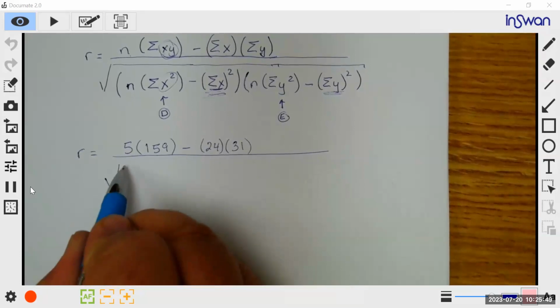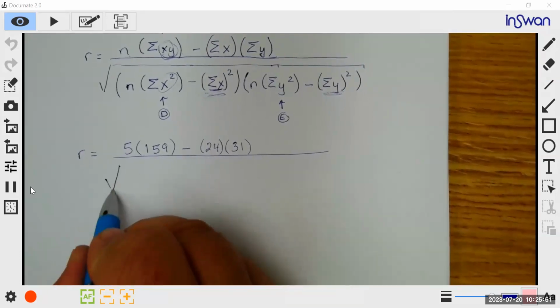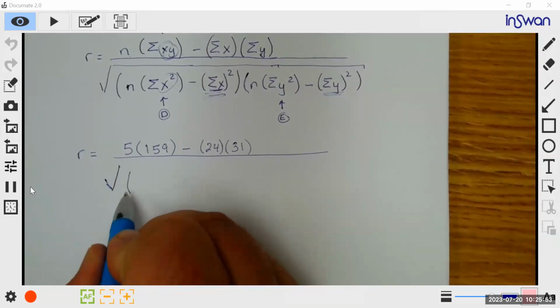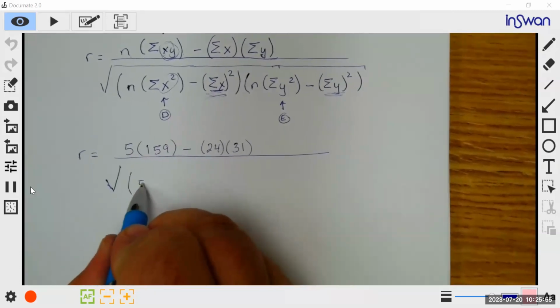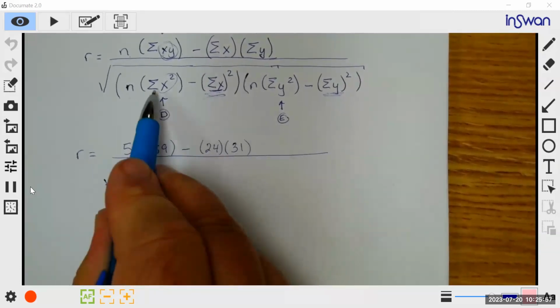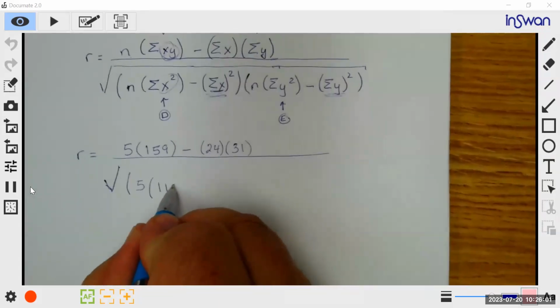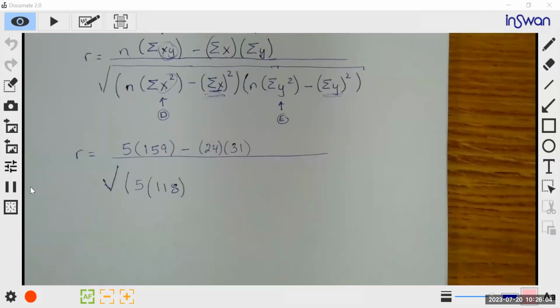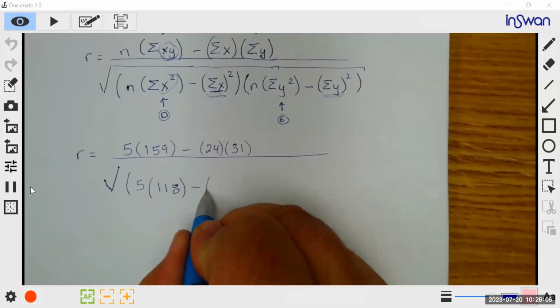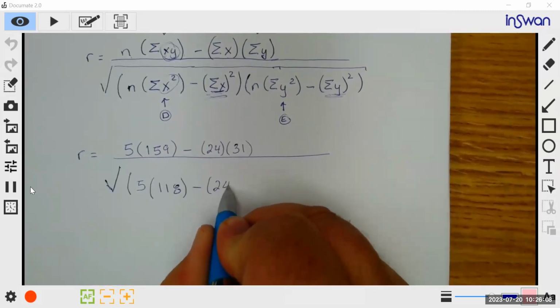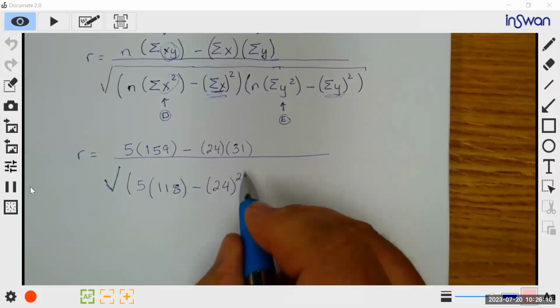All over the square root of the first parentheses. N is 5. Summation of x squared is 118, minus 24 squared.